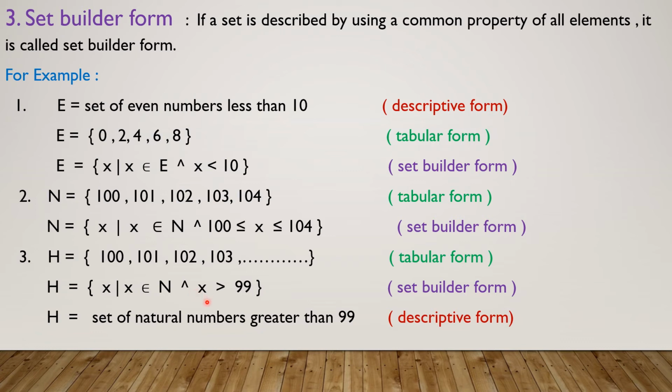And again x is greater than 99. We describe our set by a common property that they are natural numbers and greater than 99. Similarly, if we write this set in a statement, how do we write it? Set of natural numbers greater than 99, and this form is called descriptive form.